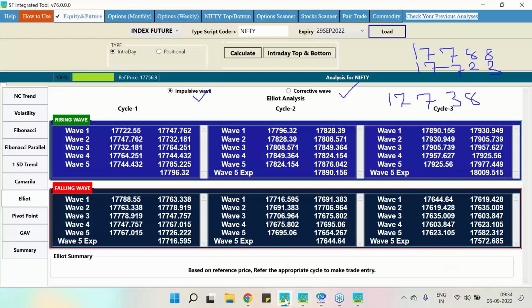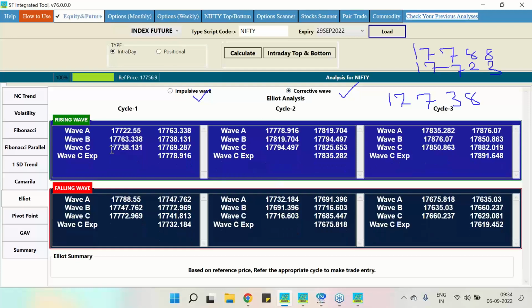So how will we decide whether it is an impulsive wave or a corrective wave? If you look at the corrective wave pattern, it has C wave expansion till 17,788. The C wave expansion is 17,778 and the market has already made 17,788.